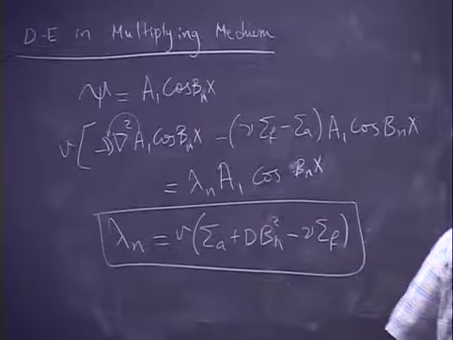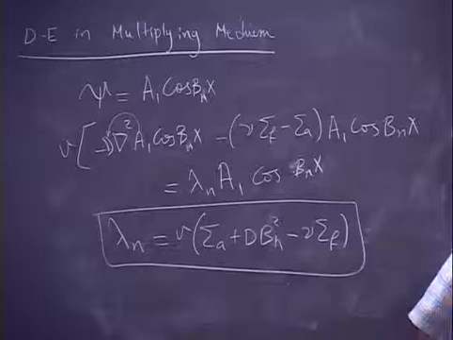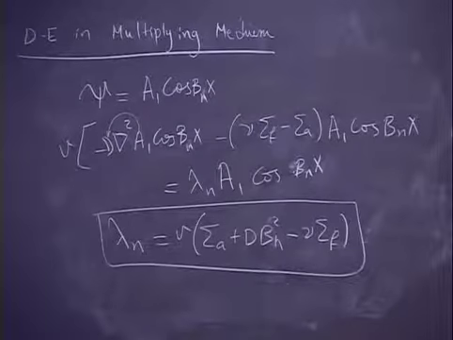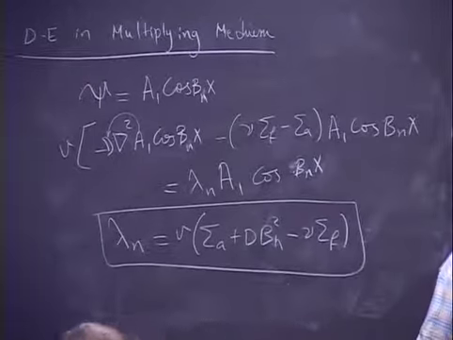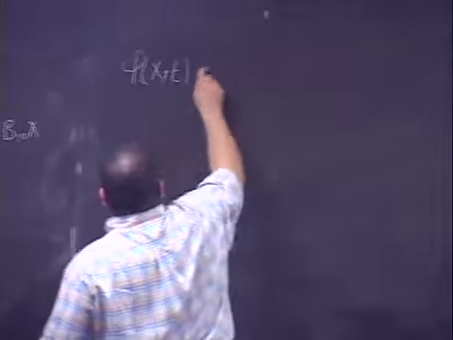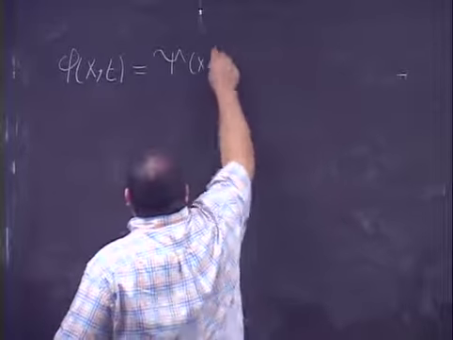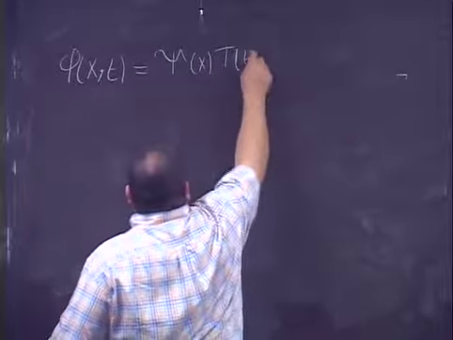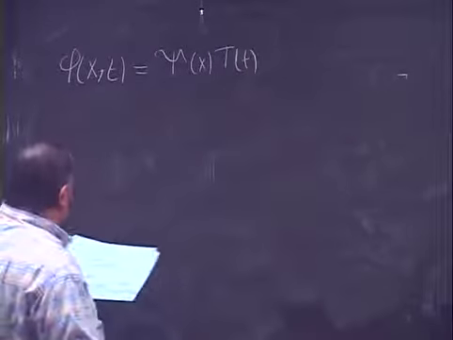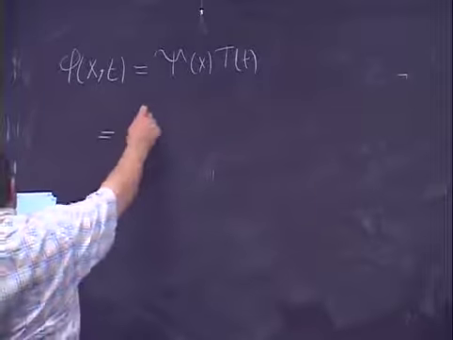Okay, guys? Do you have any questions so far? So, what's the final solution then? Phi of x and t will be just psi of x multiplied by what? T of t. And this will be what?